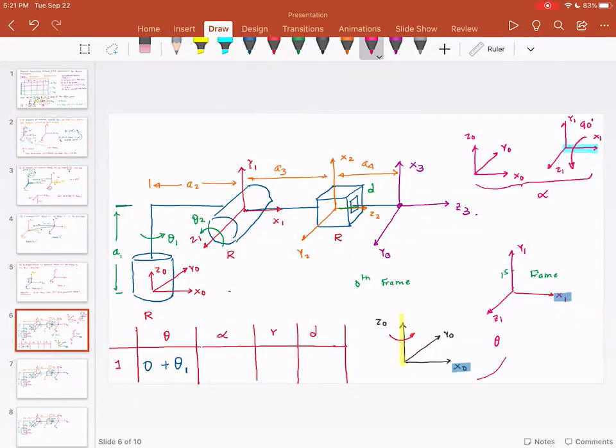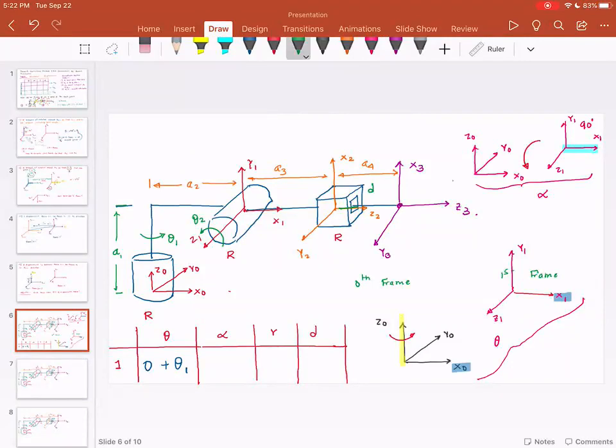This is for theta. So the only way, and I want you to visualize, even though the rotation is applied at x1, the frame that is going to get rotated is Z0.